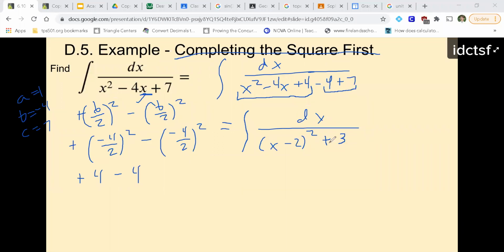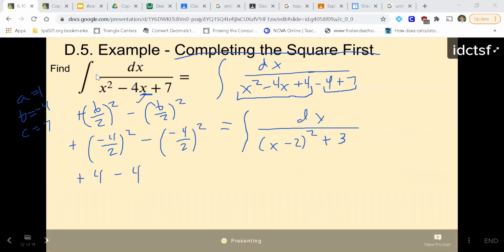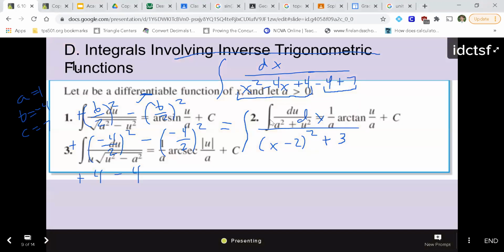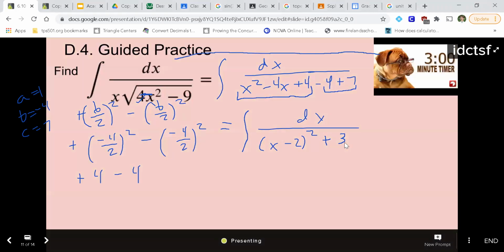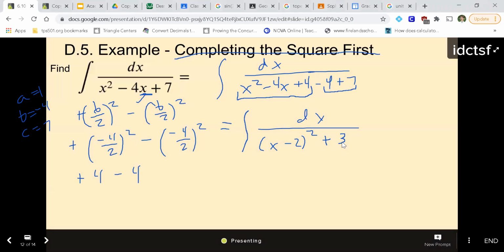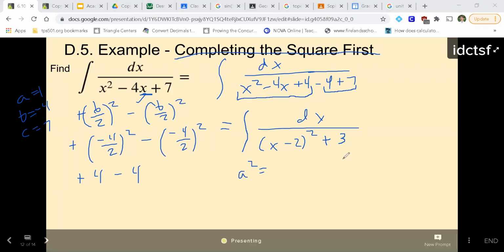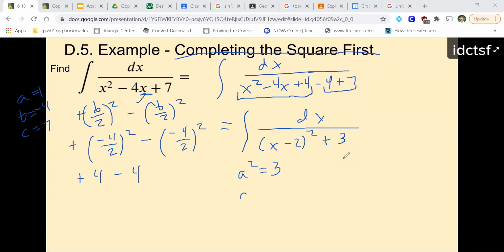And now it may not look it, but this actually is in the format of our arctangent formula, where for us, our a value is, again, if a squared is 3, then a would be the square root of 3. And u squared would be x minus 2 squared, which means u is x minus 2.